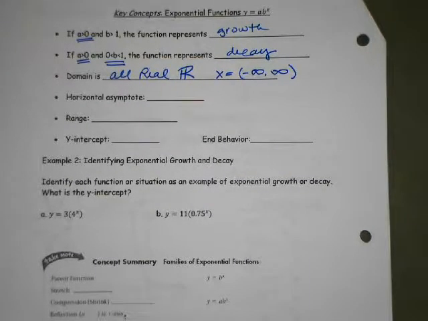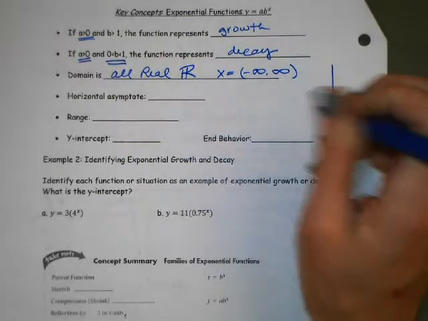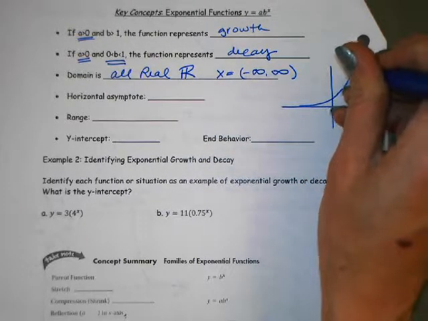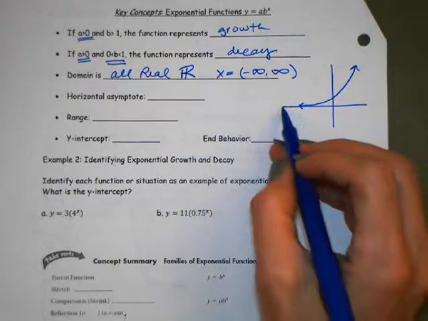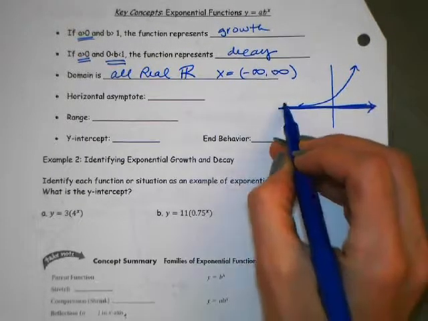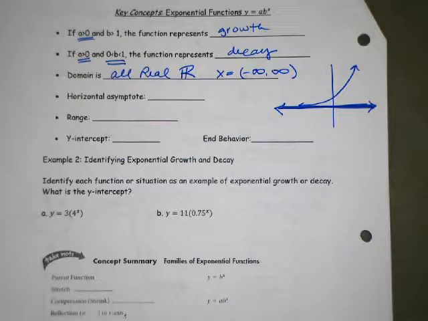Alright, so there's this thing called an asymptote, and I don't know if you guys noticed it on the graph, but when I graphed it, it went like this, and it got very, very close to the x-axis right here, didn't it? But it never is going to cross it, okay?